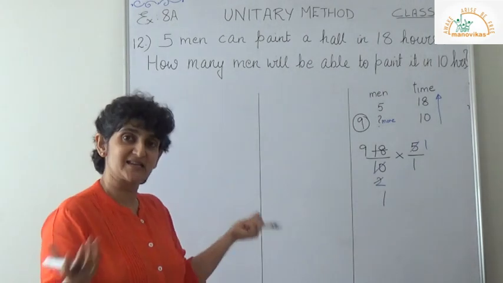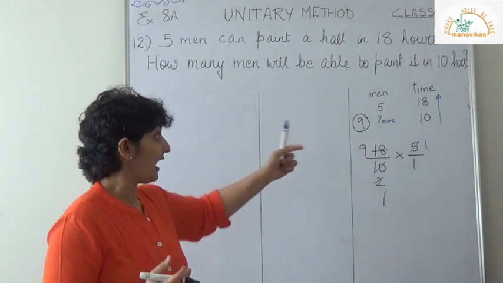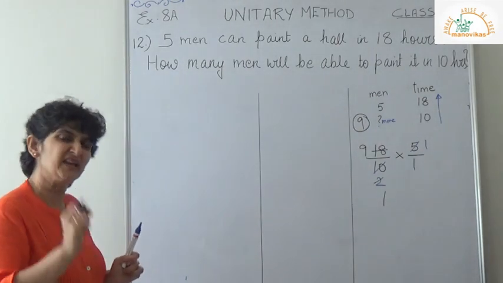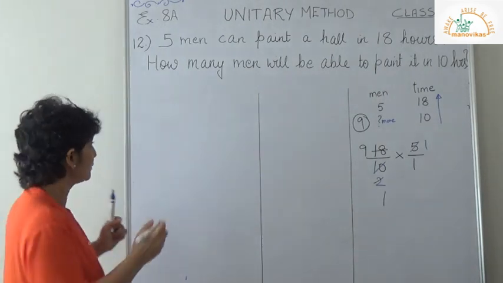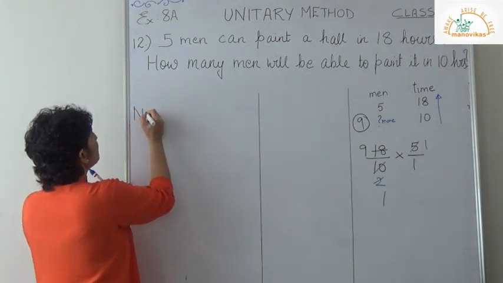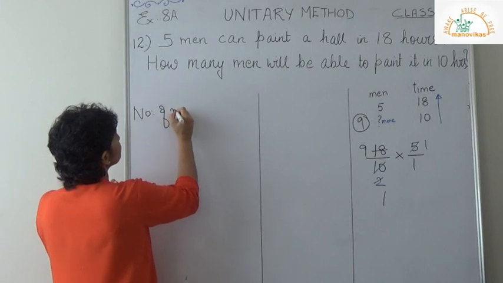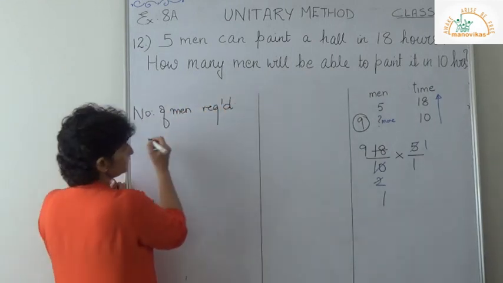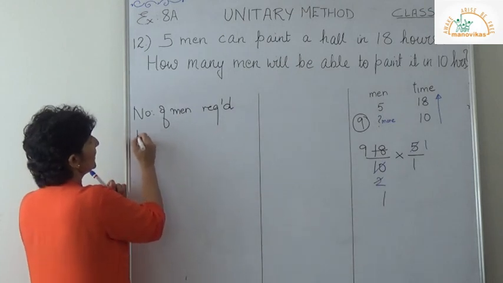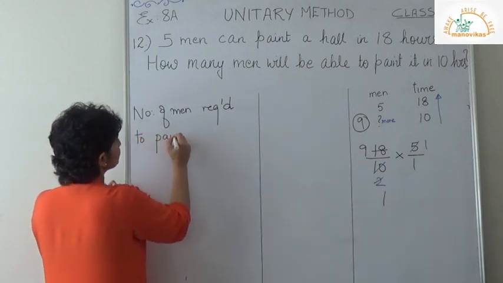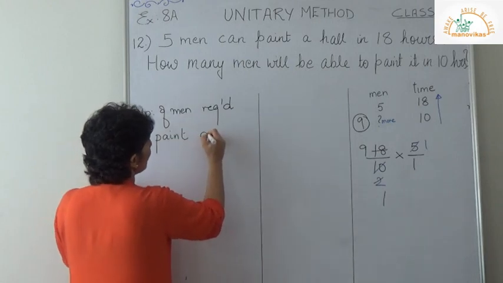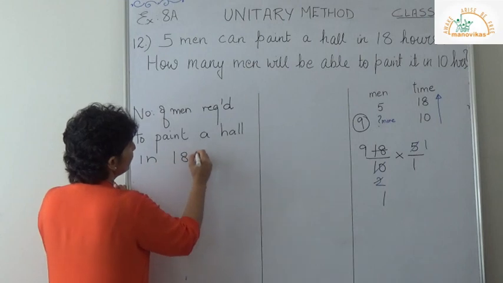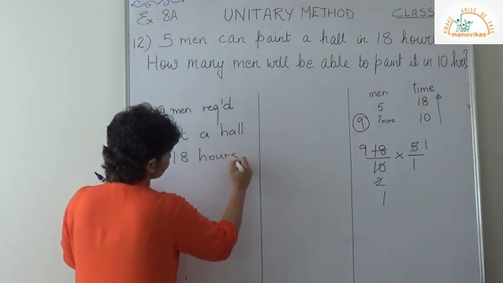Now let's come to your statement. We have put our question mark on men. So I begin my statement with men. But how do we write? Number of men required to paint a hall in 18 hours.